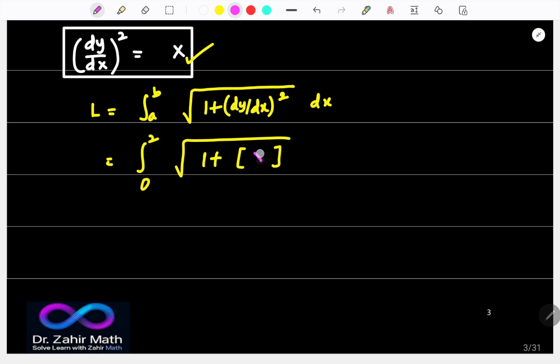Again and again I'm telling you, please take care of this step. Some students square here and again square here, and some don't square here and forget the square here also. So just keep in your mind whether you squared already or are going to square here. Keep all these ideas very clear so that you can avoid careless mistakes. So 1 plus x times dx, right?